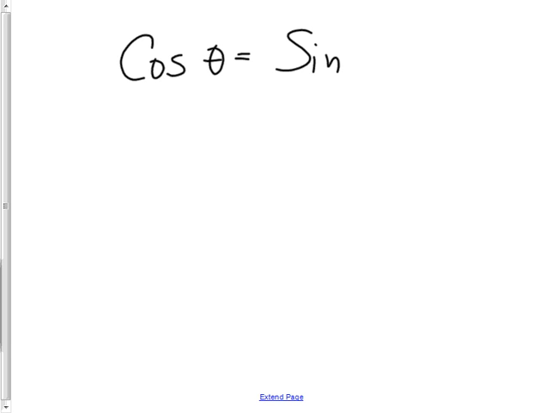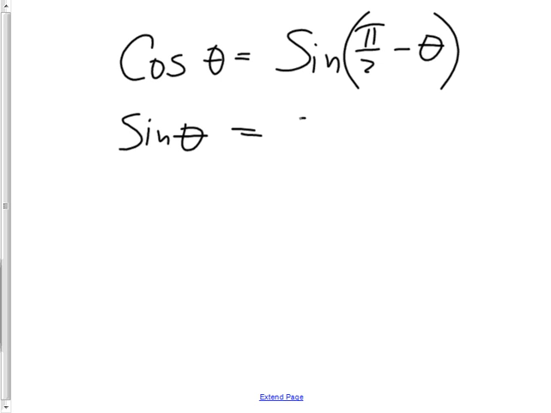Sine of 90 minus theta, but we don't use 90 because we're in trig. We use pi over 2 minus theta. Very good. That's it. And by the way, the sine and the cosine are interchangeable. So you could start with sine, you could start with cosine. Doesn't matter. So in other words, I could say sine of theta equals cosine of pi over 2 minus theta. It's supposed to be a theta.